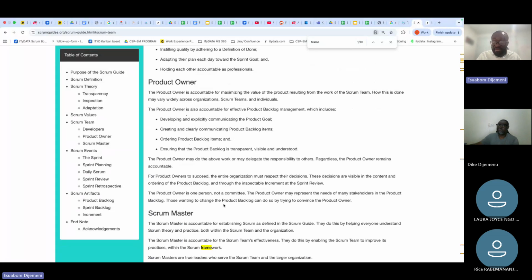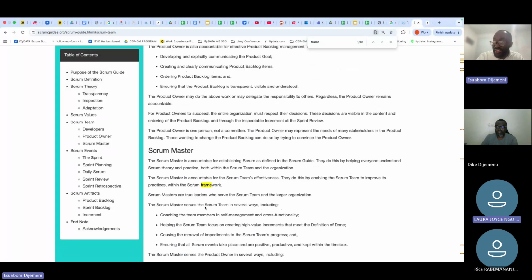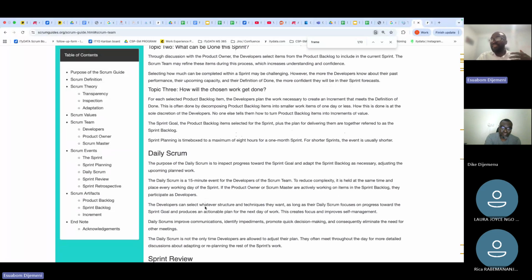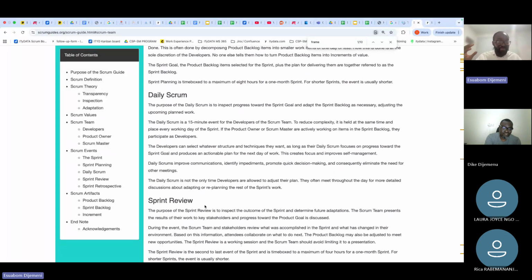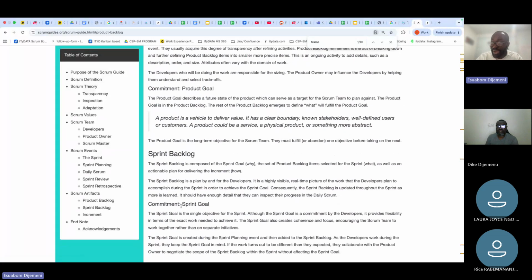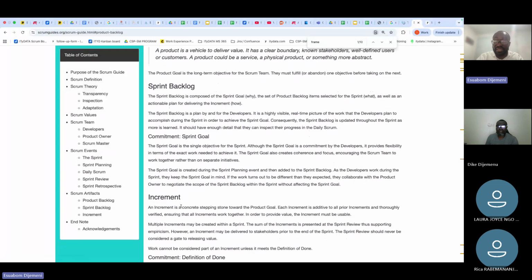That's a framework. It tells you what events to do. You have your sprint, your sprint planning, daily Scrum. These are prescriptions. It even tells you how to organize work. This is your product backlog, your sprint backlog, your increments. The point of this certification is that we will go through all this, but that is the context. It is a framework.